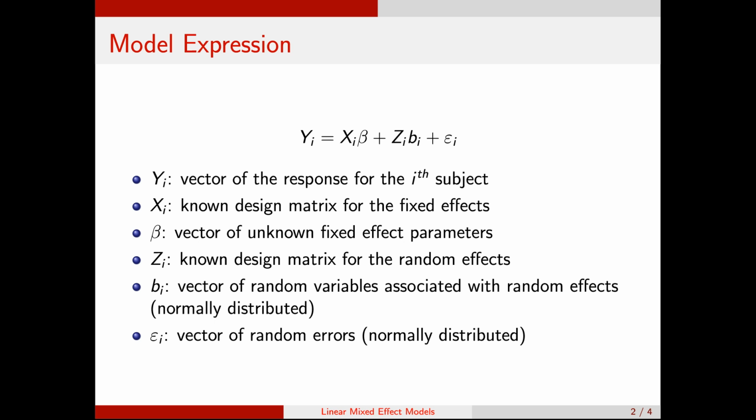In the model, xi is all the fixed effects, and beta is the associated parameters. And zi is a design matrix, bi is a random effect, and epsilon is the random errors from the model.